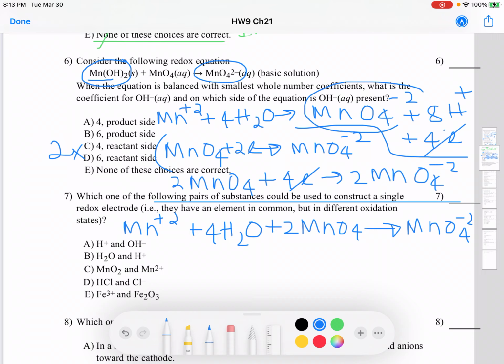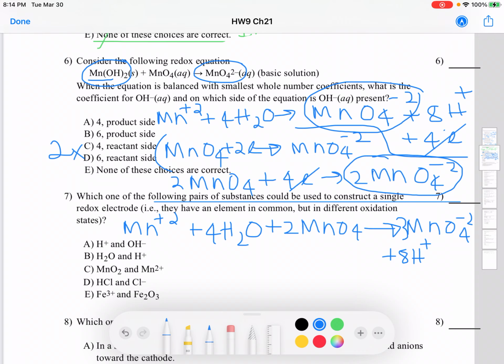MnO4 minus 2, there is 1 there. 2 MnO4 minus 2, 2 there. So 2 plus 1, 3. 3 MnO4 minus 2. Anything else? Plus 8H plus. Now this reaction is happening in basic medium.